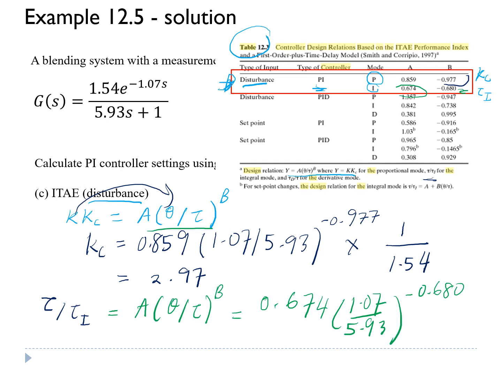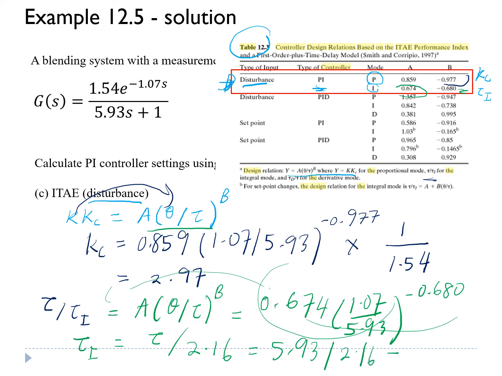And because we want to calculate tau I, you bring this to this side, so tau I equal to tau over this value, which is equal to 2.16, and your tau equal to 5.93 over 2.16, which will give you the value of tau I of 2.75. So you get the value of Kc and tau I.